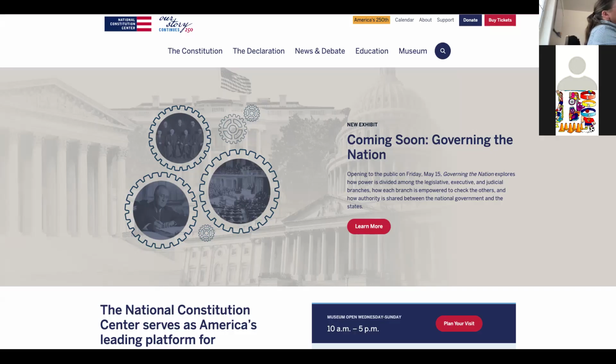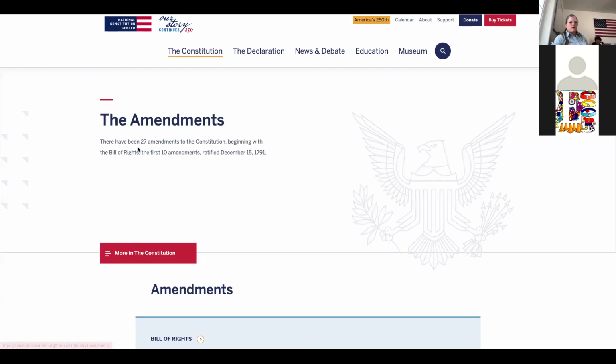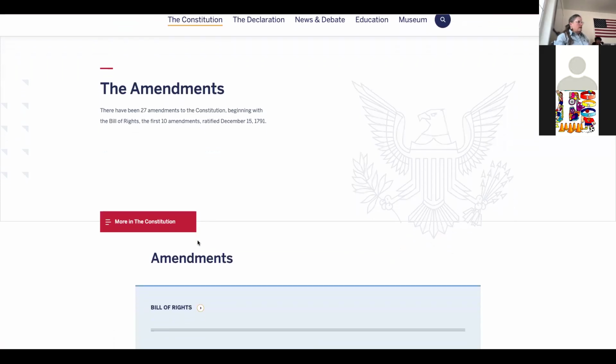Okay. You guys on constitutioncenter.org? Go to Constitution and go to where it says amendments on this left column here. Do you see where it's at? Click amendments.